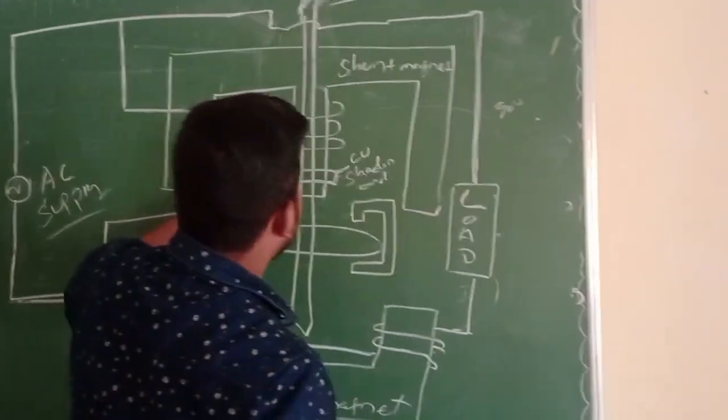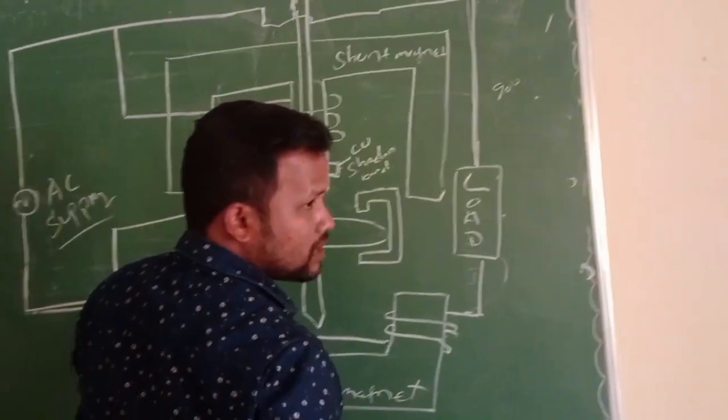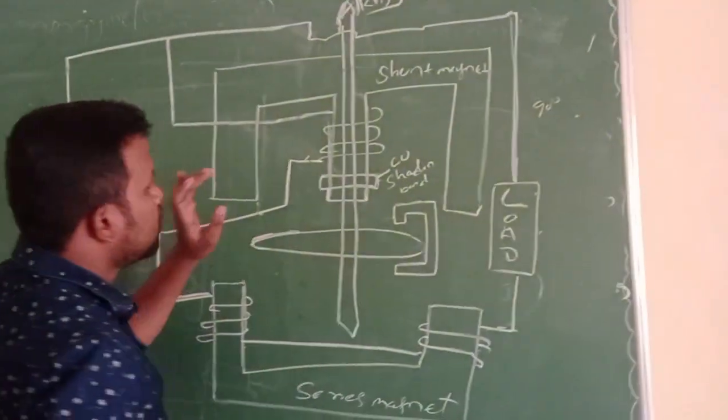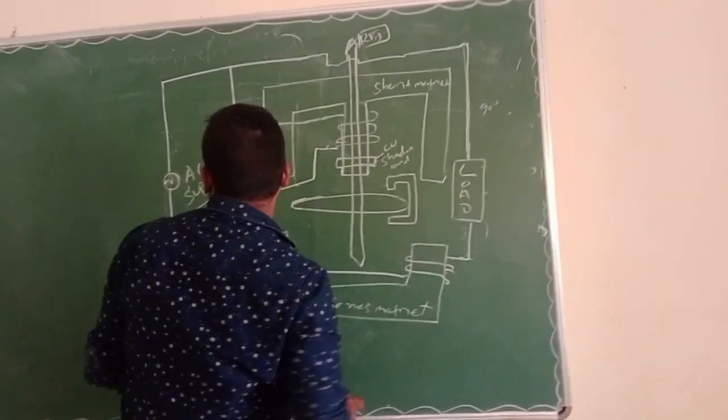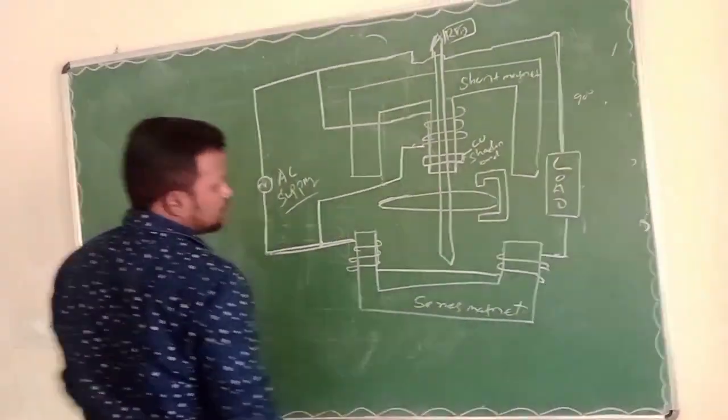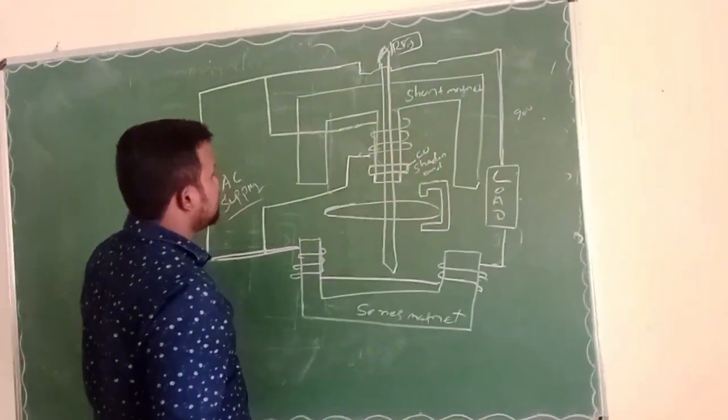So it gives more inductance than the series magnet, so we use a copper shading band here. After that, we should discuss the phasor diagram.